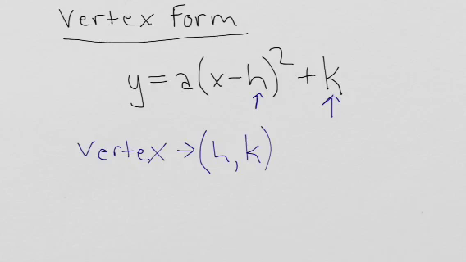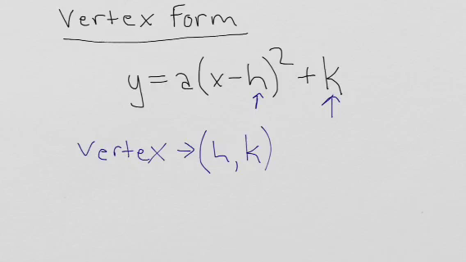So if in the vertex it is positive 3, in vertex form you will have x minus 3. Whereas if the vertex has an x value of negative 4, within vertex form you will see x plus 4. Always opposite there. Whereas the k will be exactly what it says. So if the y value is positive 1, it would be plus 1.